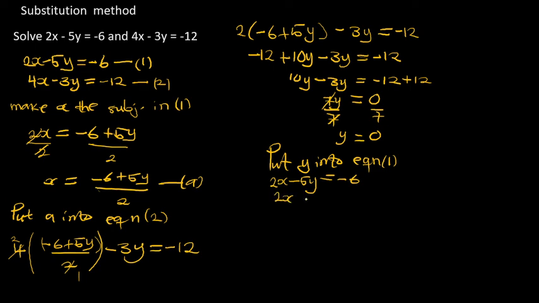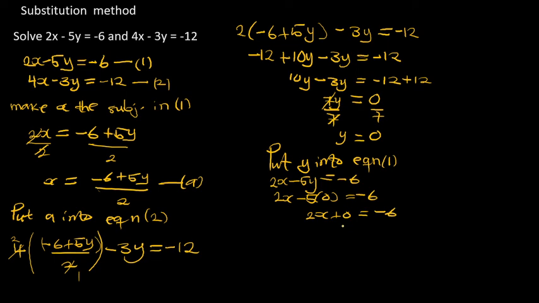Now 2x minus 5 times 0, because y is equal to 0, equals minus 6. So we'll have 2x plus 0 equals minus 6.